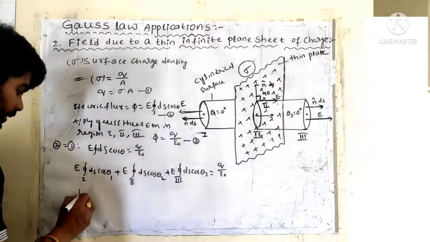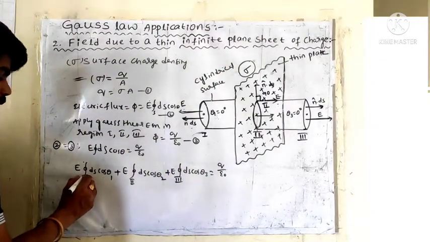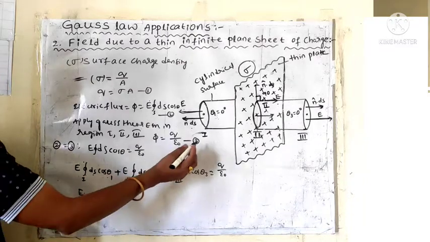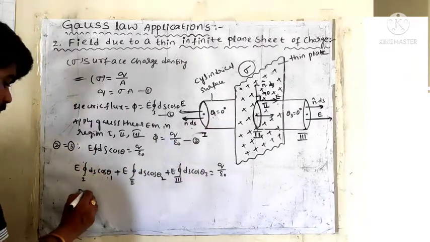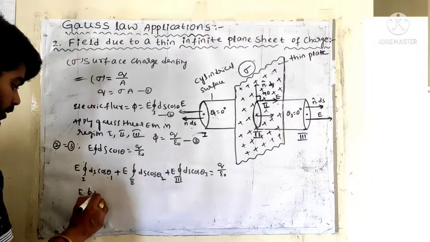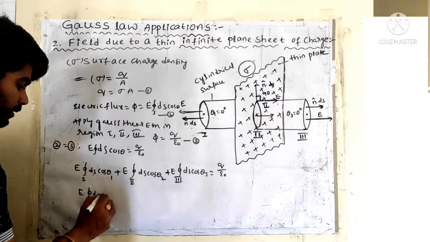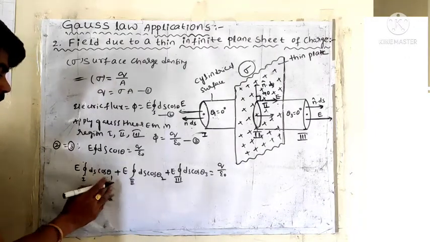So E dot closed surface integral ds with theta 1 equal to 0. Simply you can write ds cos theta 1, and theta 1 is equal to 0.